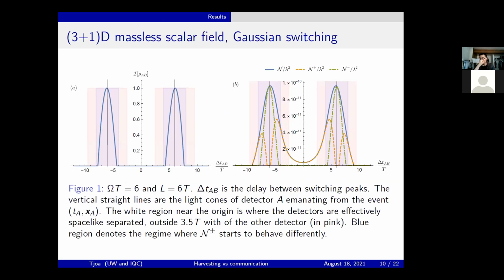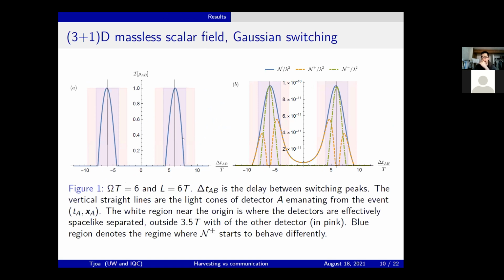So first, for 3 plus 1 dimensions, what you can see is that on the left, I plot the entanglement estimator, and on the right, I decompose the plots into 3 different kinds. One of them is the negativity, one of them is the harvested negativity, and the other one is the communication-based negativity.